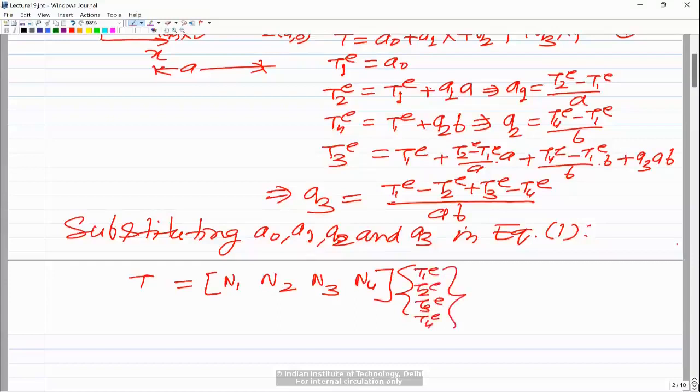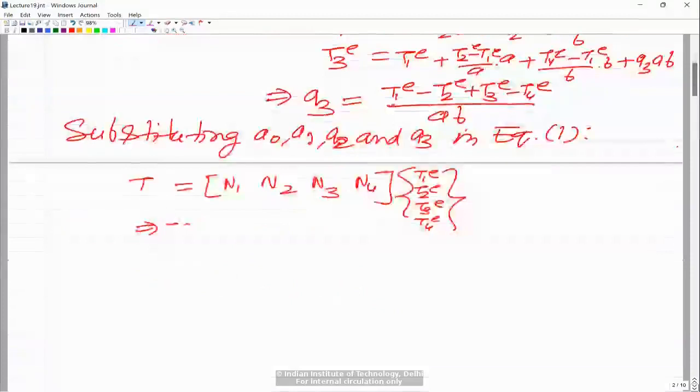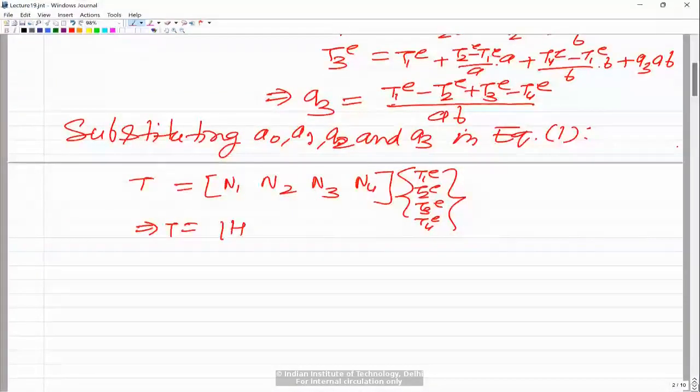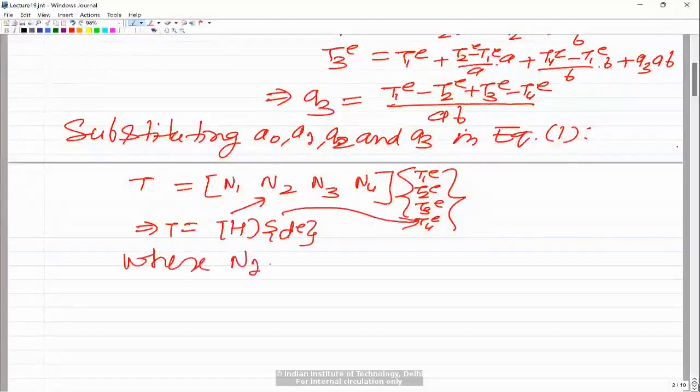Now, of course, you write this as usual: T equal to interpolation matrix H into vector of elemental degrees of freedom d. So this is your H, and this is your vector de. Now if you see the shape functions, you will find that N1 would be equal to 1 minus x upon a into 1 minus y upon b.